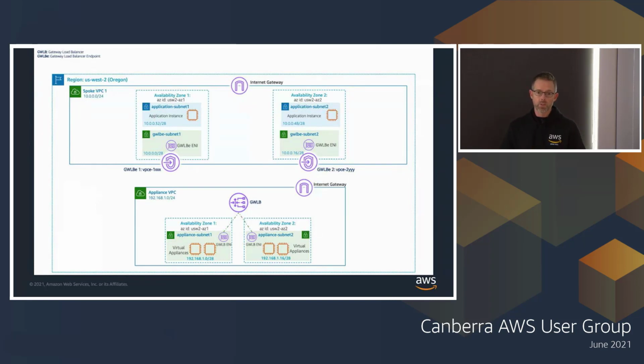So that's essentially how you would set it up in the most basic of deployments. So we're talking a distributed model, where you've got a single application VPC that you're using to host your application.